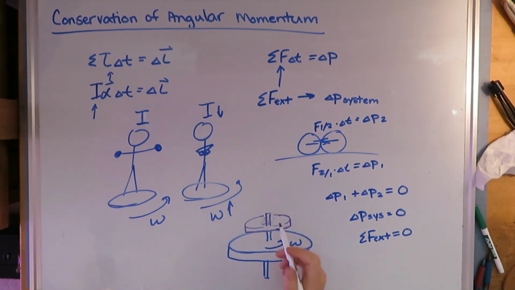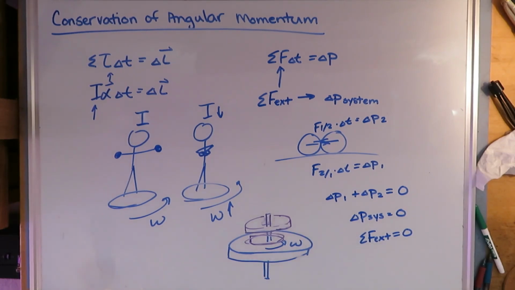I'm going to drop it on top so that they are stuck together and rotating, and now all of a sudden you have an increase in rotational inertia, so the system is going to have to be rotating more slowly. Those are some situations you'll see.